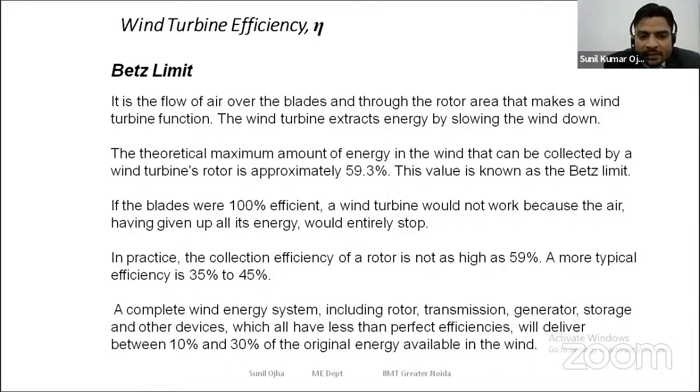A complete wind energy system includes the rotor, transmission, generator and other devices, which all have less than perfect efficiencies, and will deliver between 10 to 30% of the original energy available in the wind.